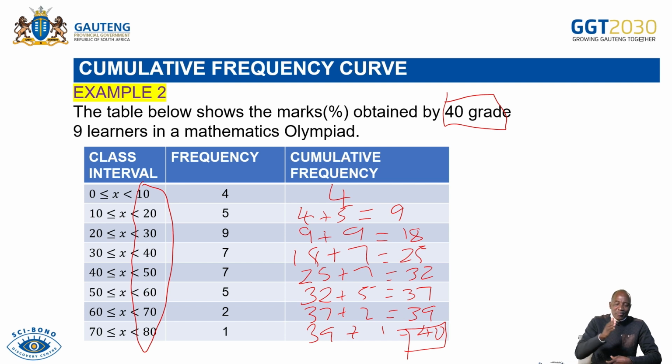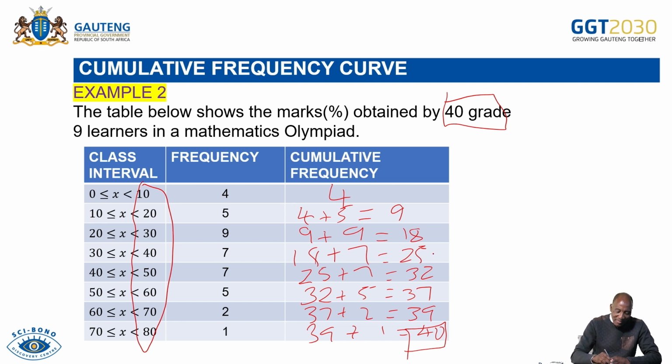It gives us portion by portion until we get to the last one. By the time we get to the last one, it must always agree with the number of people that are taking part in that particular examination. Okay, so this column that we have designed here, 4, 9, 18, 25, 32, 37, 39, and 40, is called a cumulative frequency column.